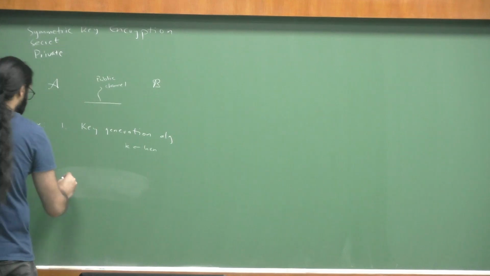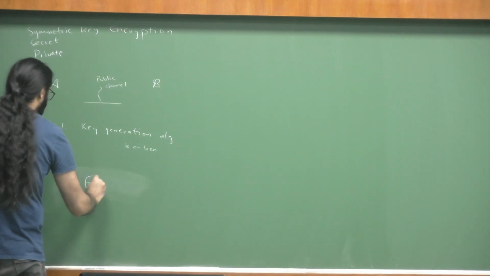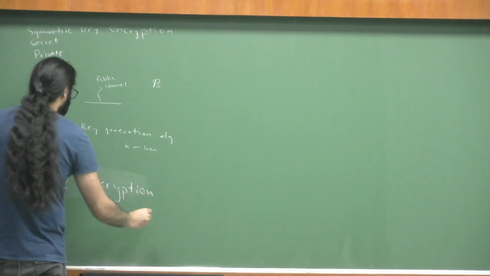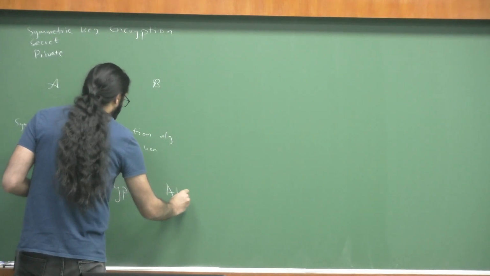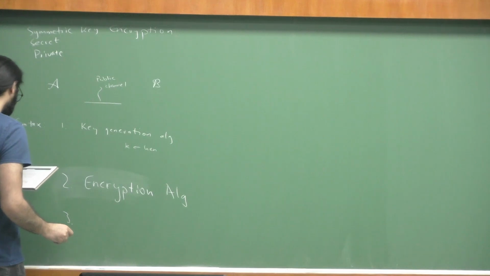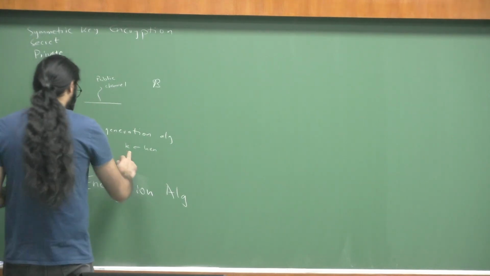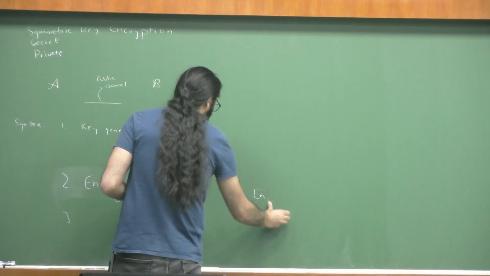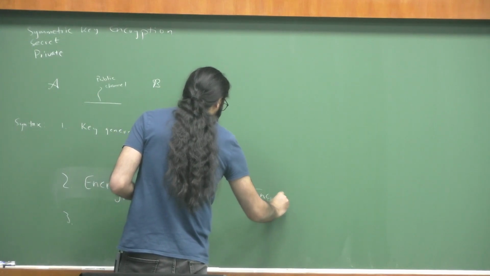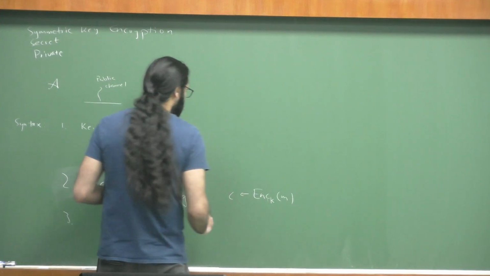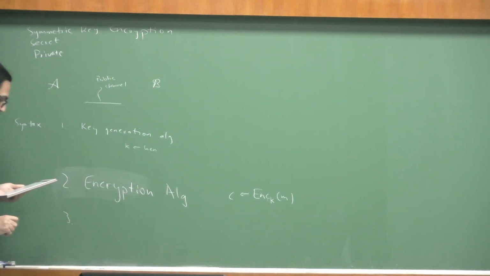The second one is the encryption algorithm. What this is going to do is take the key k and some message m, and it will produce a ciphertext C. That's the syntax.